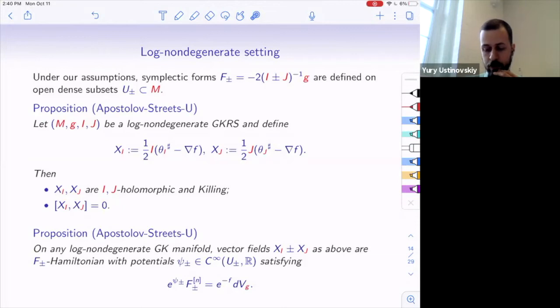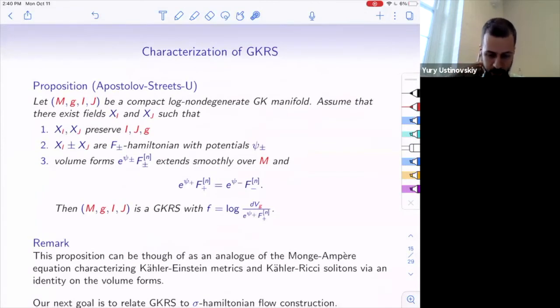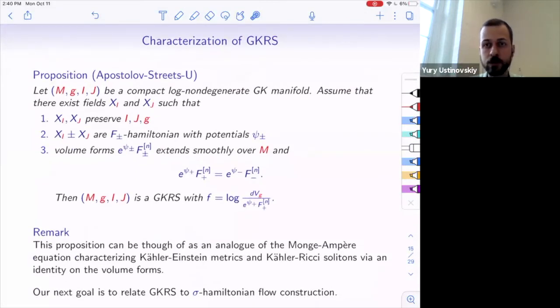So it turns out that the observations which appear here can be used to get a characterization of a soliton, and that's what I'm going to discuss. It's an important proposition for what follows. Take a generalized Kähler manifold which is log non-degenerate, that's our input. We also pick two vector fields which mimic the behavior of the vector fields I just mentioned.